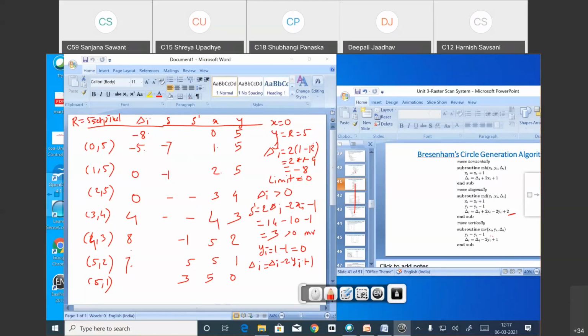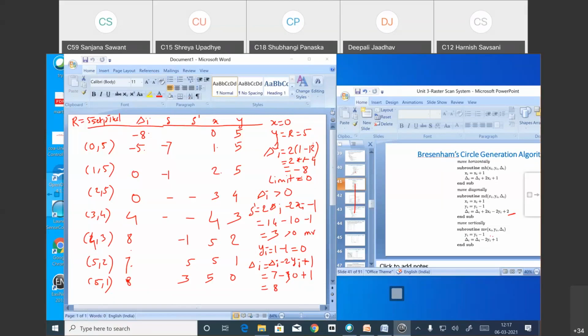So what is delta I? 7 minus 0 plus 1. What is the value here? 8. Again, it is positive.